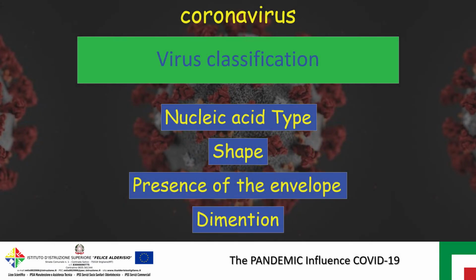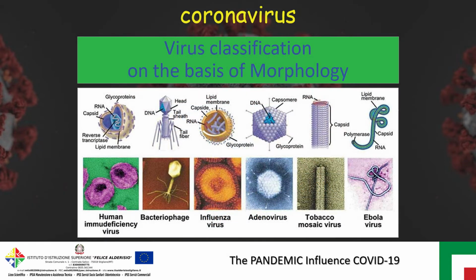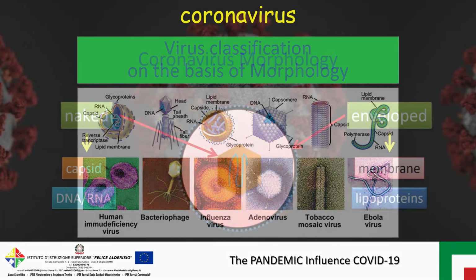It's possible to classify a virus according to its nucleic acid type, its shape, the presence of the envelope, and its dimension. Here we can see that morphology is very important to classify the different types of virus.